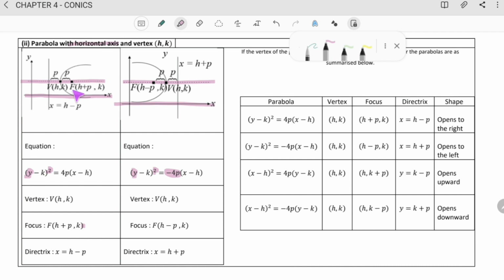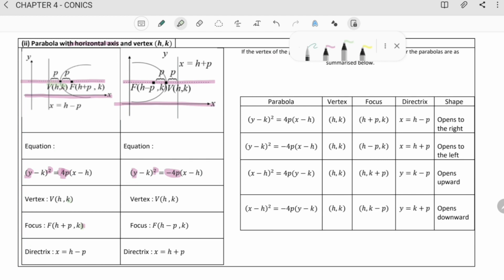Open to the right will be positive. Okay, then we look at the focus and the vertex. Because it's a horizontal axis, they have the same value of k. So you see here k is fixed. So the change is in the x coordinate, because it's left and right, isn't it?